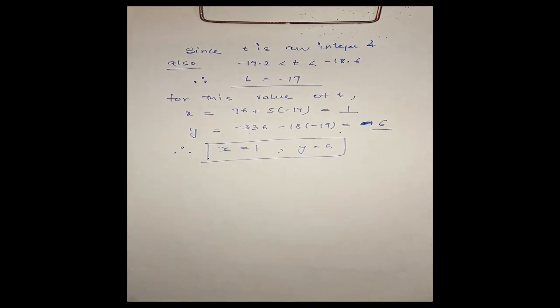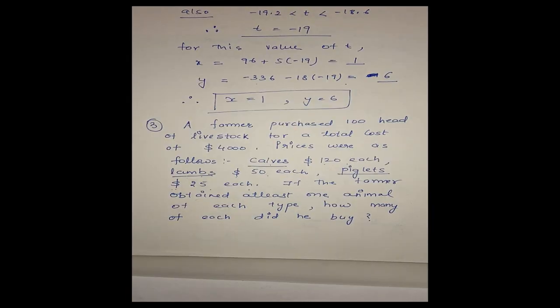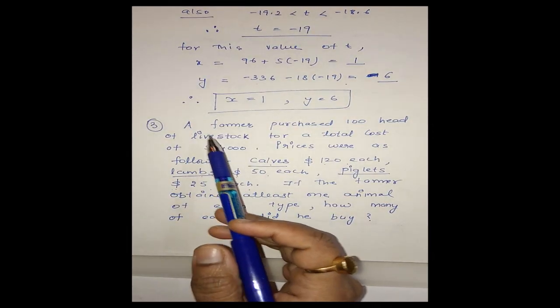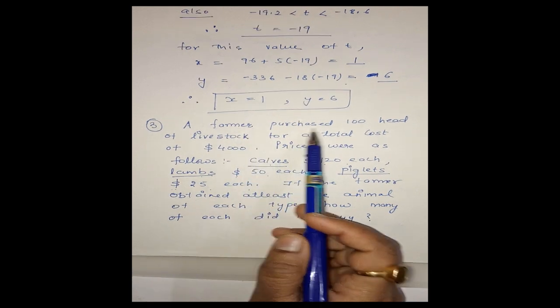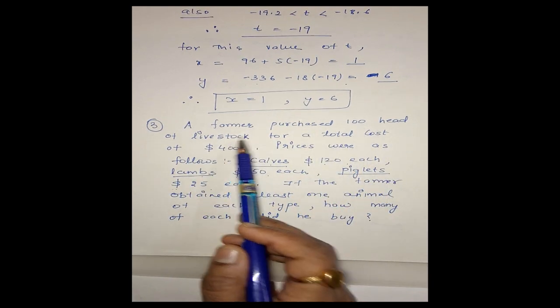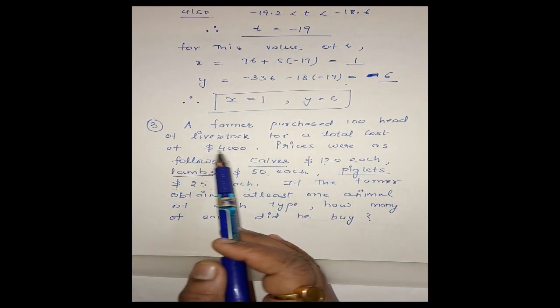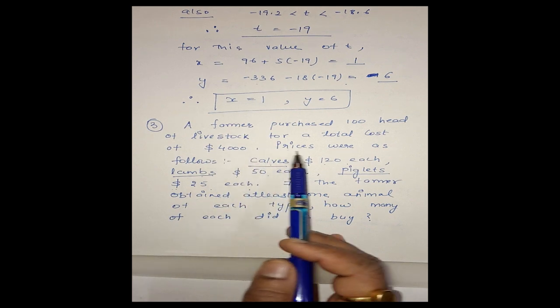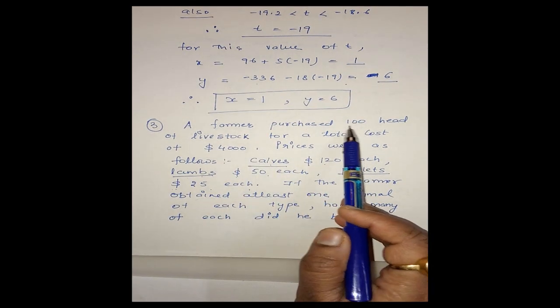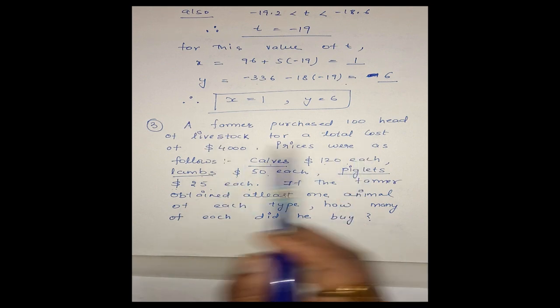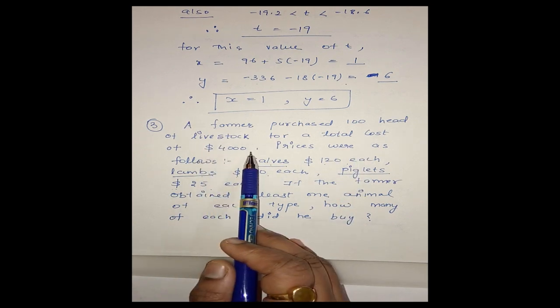Now we come to the third problem. The problem is: a farmer purchased 100 head of livestock for a total cost of $4,000. That means he bought 100 animals with a total cost of $4,000.